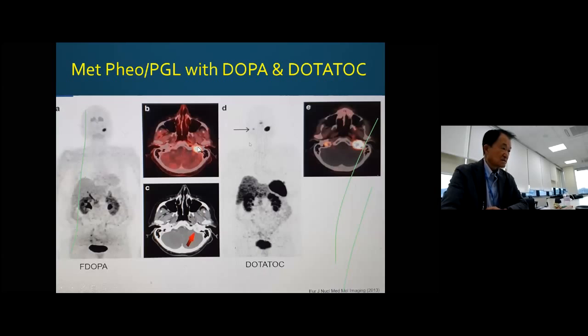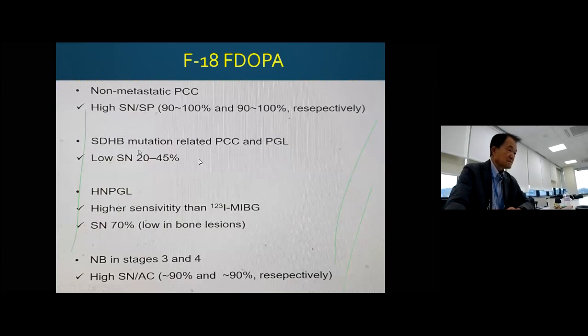But this is a metastatic pheochromocytoma. So the DOPA also shows very high sensitivity and specificity because of this mutation here, and much better than MIBG. Okay, and neuroblastoma in stage 3 or 4 shows very high.